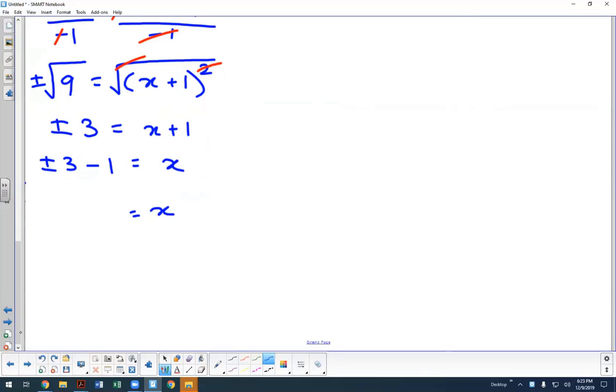Zero, 2, and 0. Yeah, because +3 minus 1 will give us +2. -3 and -1 will give us -4, right? So two ordered pairs will be 2, 0 and -4, 0.